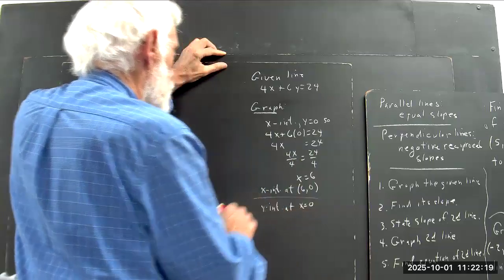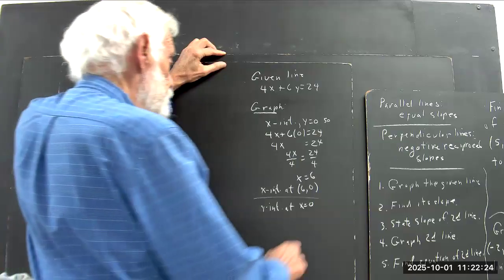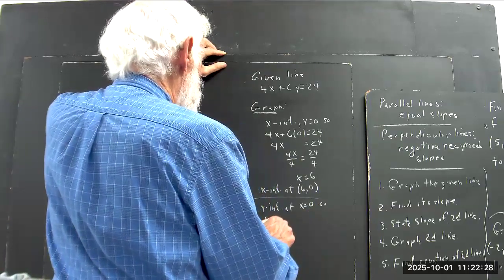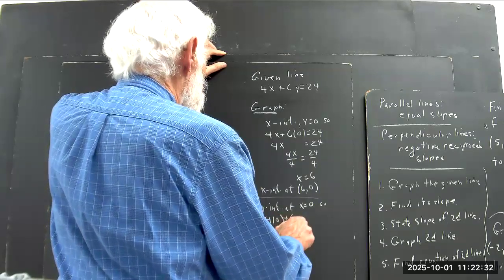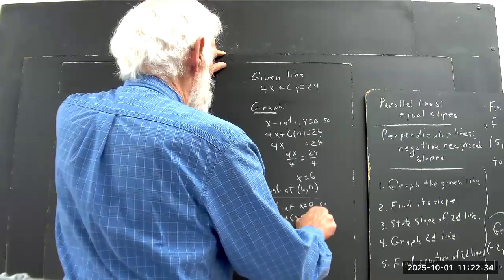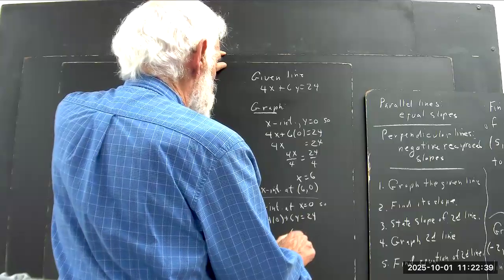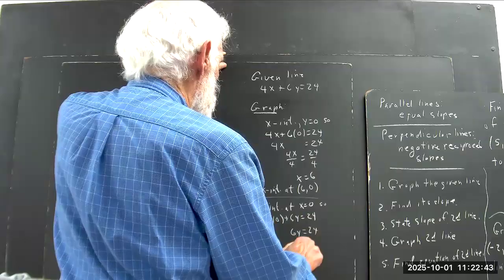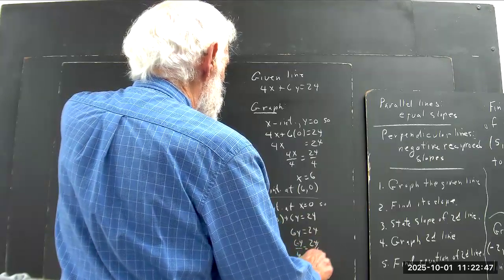The y-intercept occurs at x equals 0. So we have 4 times 0 plus 6y equals 24. So that just gives us 6y equals 24. 6y over 6 equals 24 over 6.